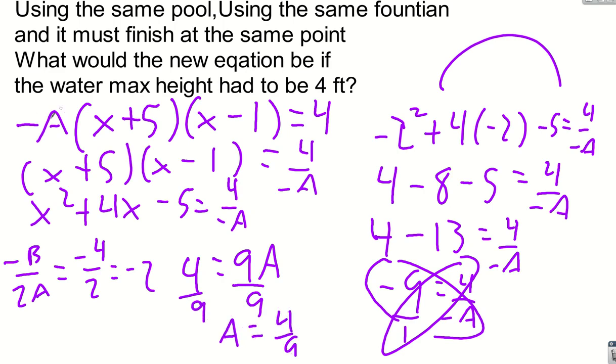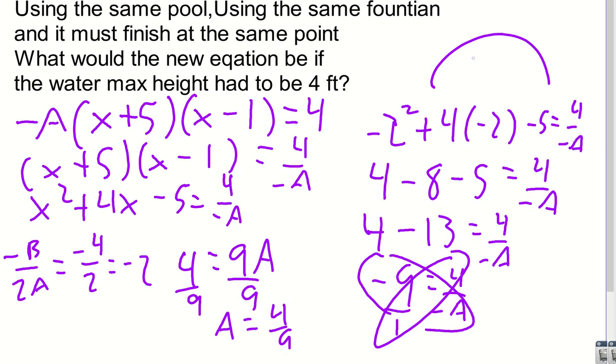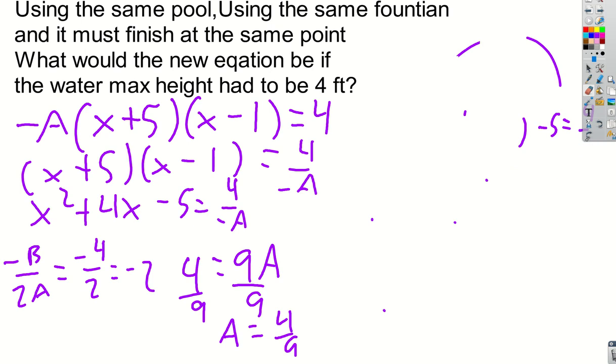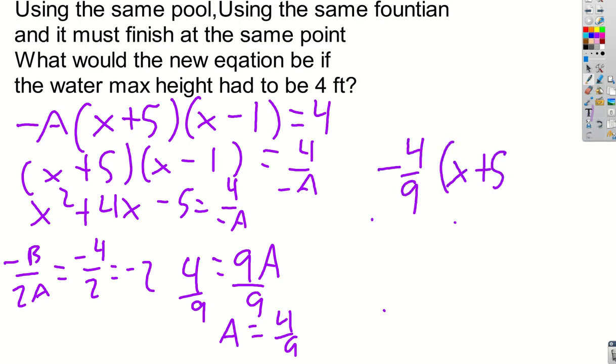But when I plug it back in, because it was negative here, my final equation is going to look like negative 9 over 4 x plus 5 x minus 1, or yeah, let's just leave it at that for right now.